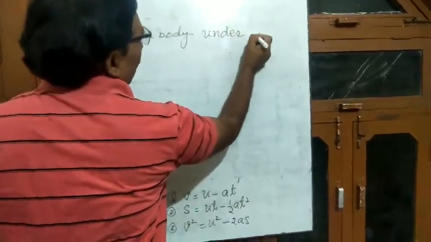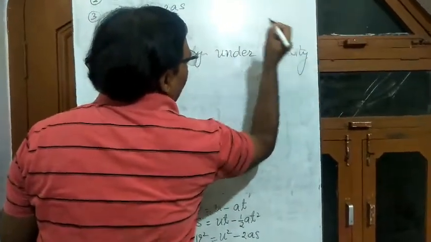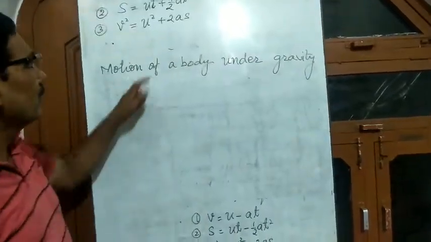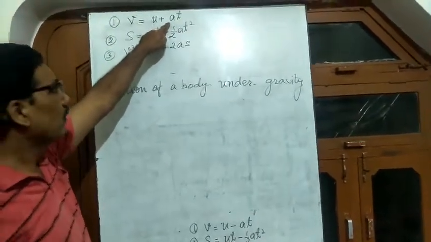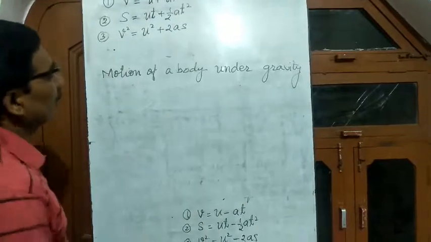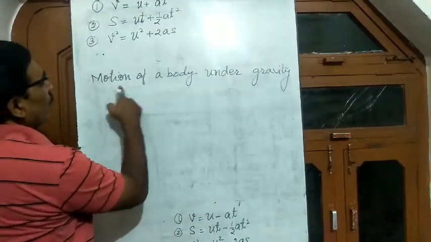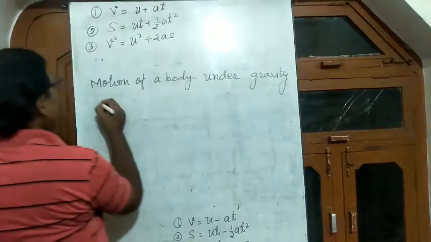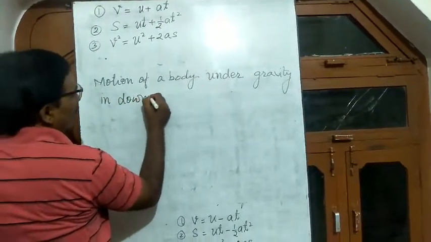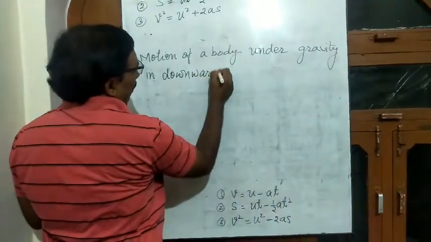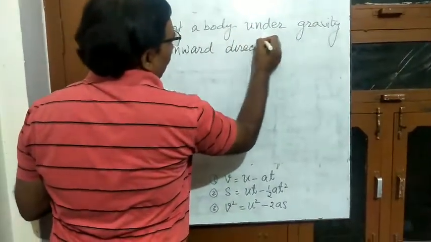In place of a, the acceleration will be g, acceleration due to gravity. Point number 4: motion of a body under gravity in the downward direction, when it is coming down.